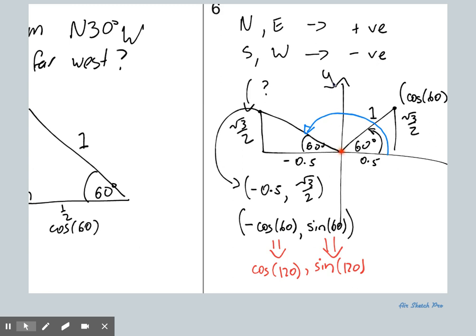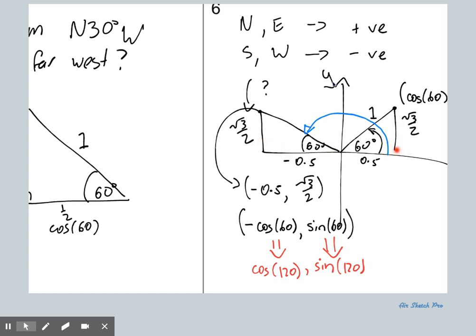In other words, going back to what we were saying before, the fact that Zoe's traveled 1 kilometer, whichever direction she went, comes out to the same values of horizontal and vertical movement. She's either landed here or landed here, but in both cases, she's traveled 1 kilometer. In both cases, it was half a kilometer sideways, if you like, and root 3 on 2 upways.